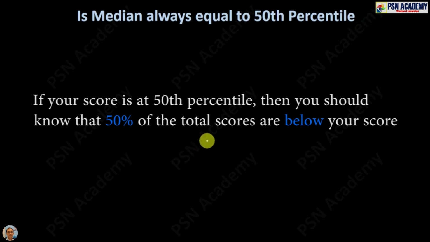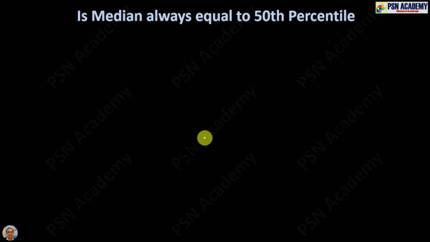Okay? Now, for example, suppose in your classroom there are 40 learners and there was an exam and you scored 65. Say out of 100, right? That means your score is actually 65%, right?